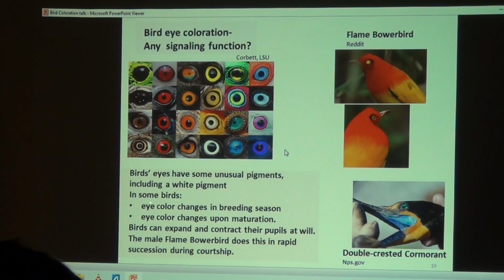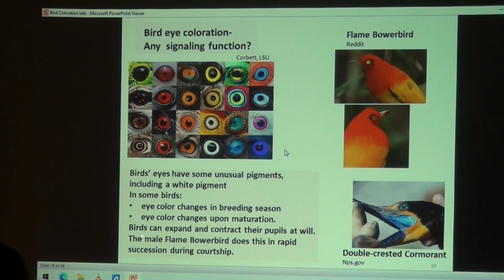In some birds, eye color changes in breeding season, as in this double-crested cormorant on the bottom right. You can see it has blue eyes, but amazingly enough, during breeding season, the inside of its mouth turns blue. And one of its courtship things that he does is present his gaping mouth to females during courtship.